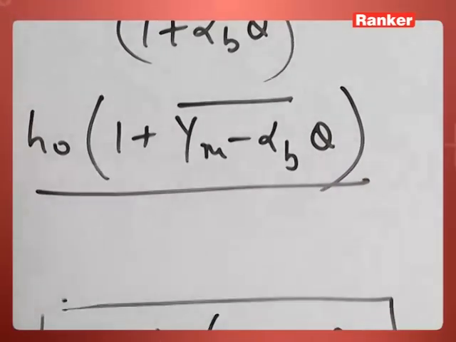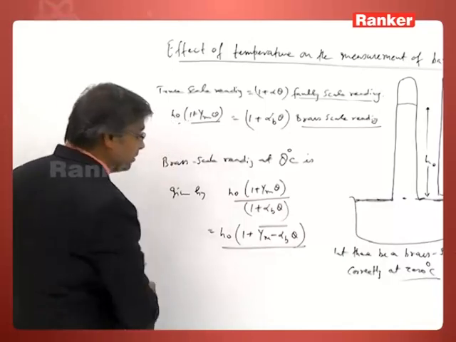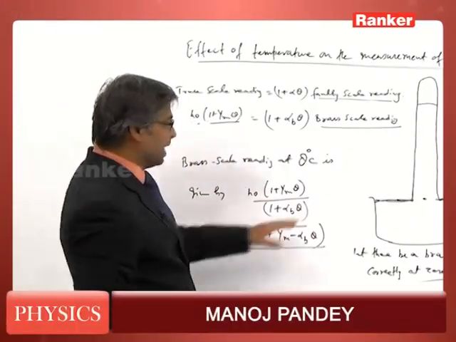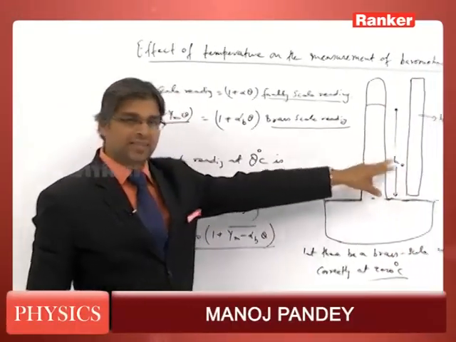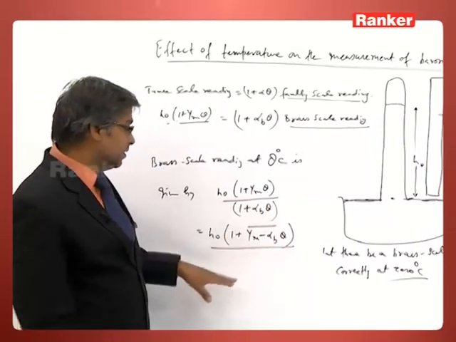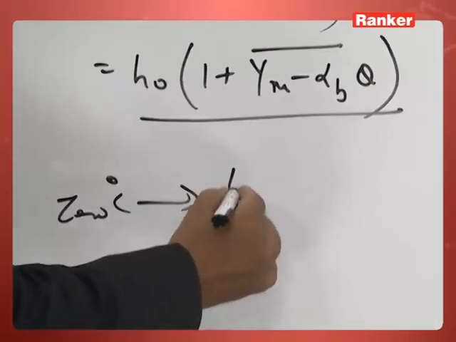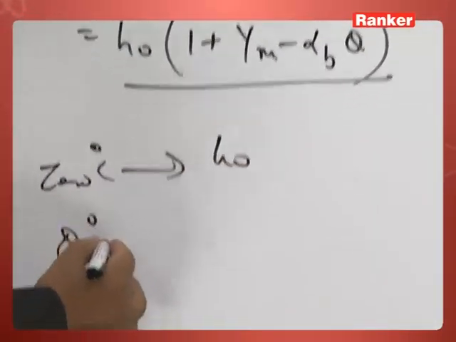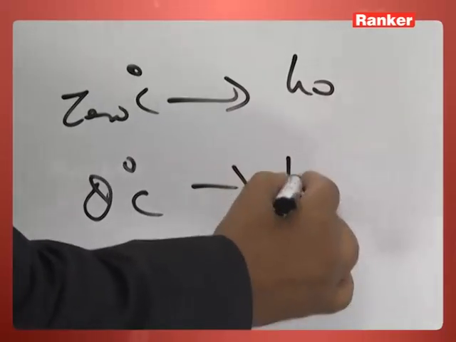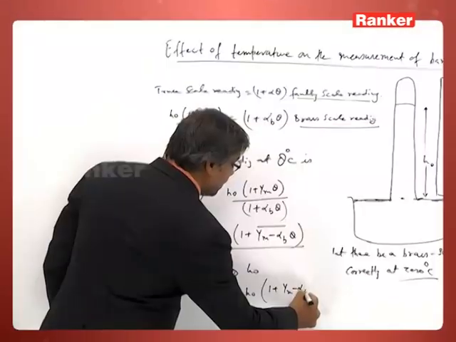So this is the new reading of the pressure, the reading of the barometer with a brass scale at theta degree centigrade. At 0 degree centigrade the reading is h naught, and at theta degree centigrade with the brass scale, the reading becomes h naught times 1 plus gamma m minus alpha brass times theta.